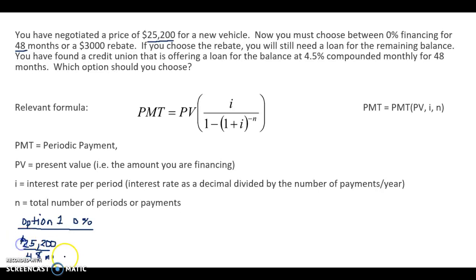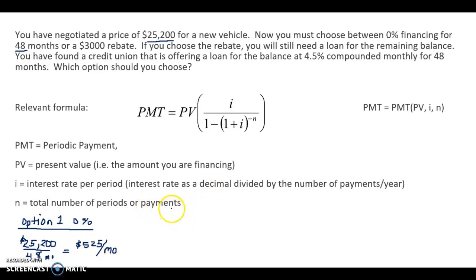I go to my calculator, type that in, and I get $525 per month. So that would be my payment under option 1.